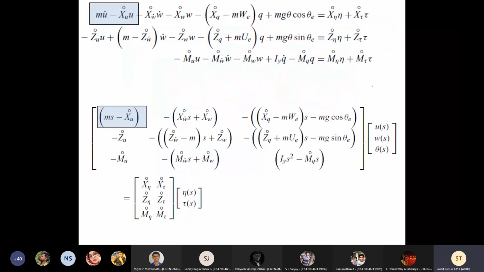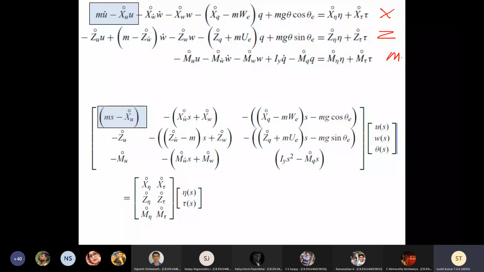Now, don't note this down, just follow the logic. This is the equation we finally had for longitudinal motion in terms of x, z, and m. So we had 3 equations, x, z, and m. Now these are differential equations. Now we want to convert them into the s domain.